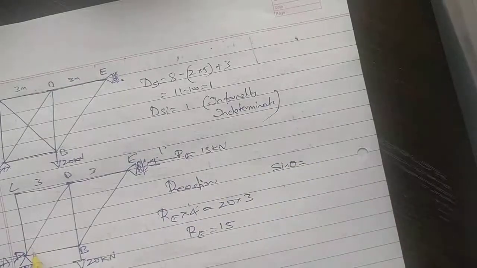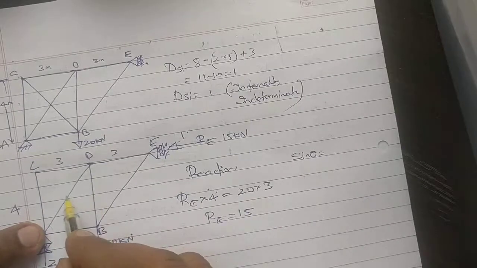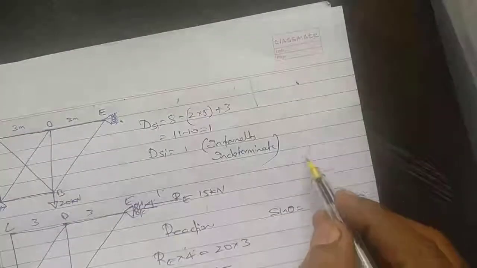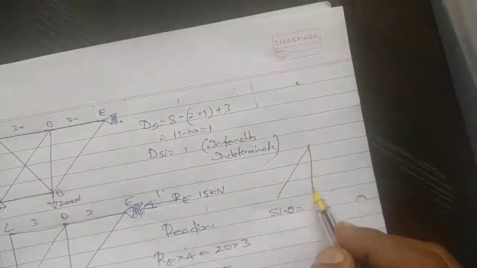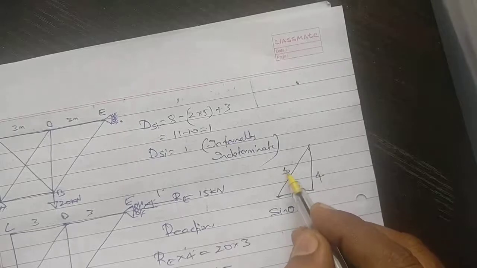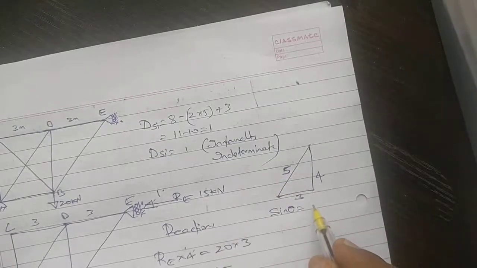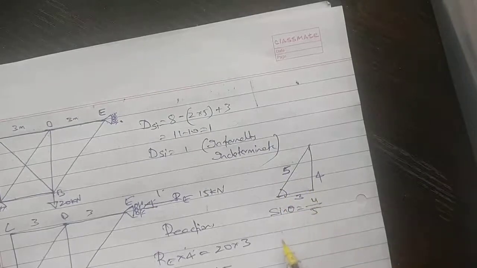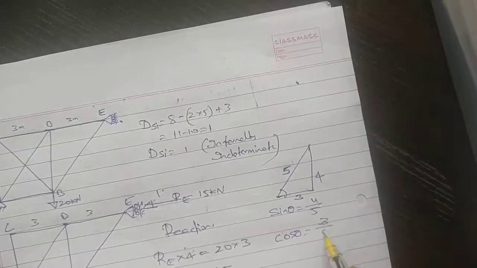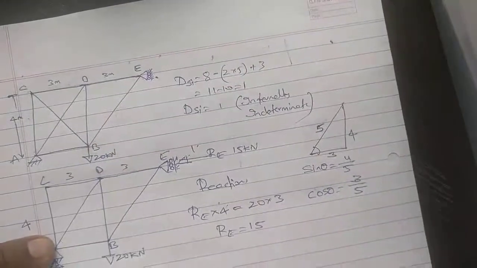If this is theta, opposite is 4, hypotenuse is 5, because this is 3, this is 4, then this will become 5 by Pythagoras theorem. So sin theta is equal to 4 by 5. Cos theta is equal to 3 by 5. So wherever sin theta, cos theta will be there, we will put 4 by 5, 3 by 5.